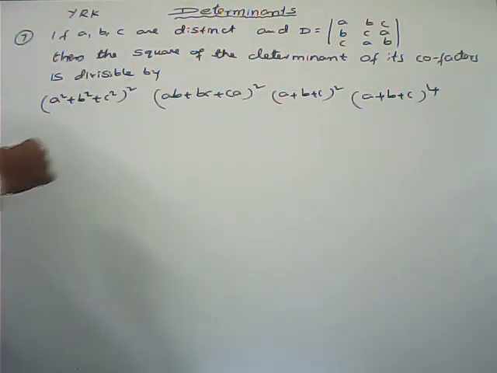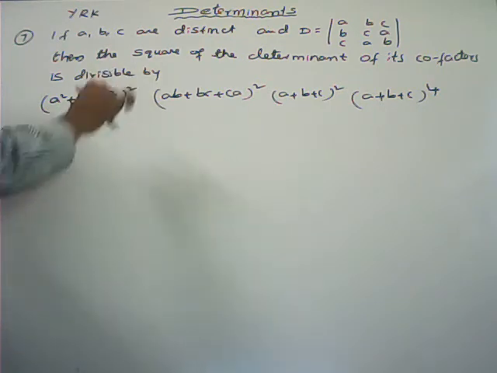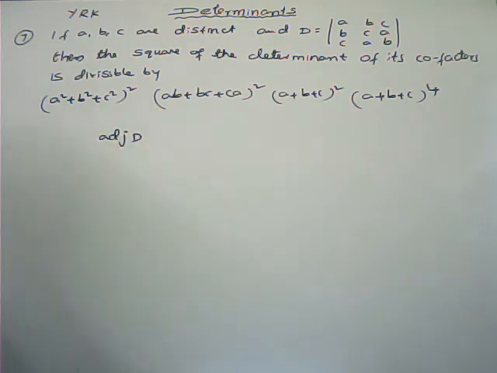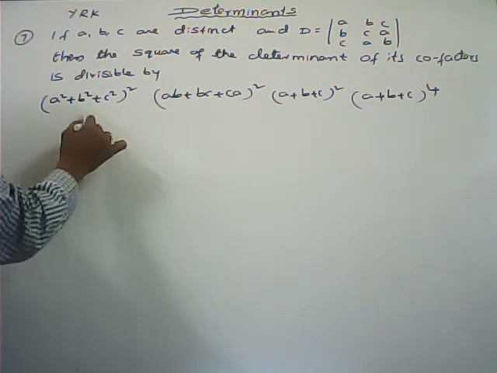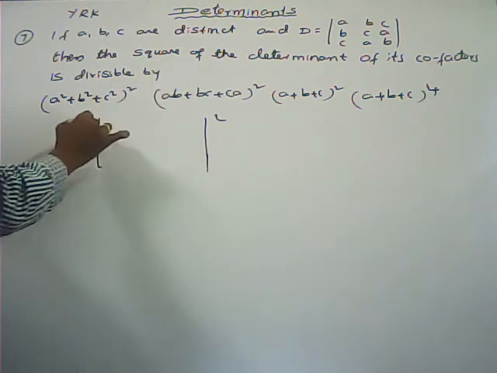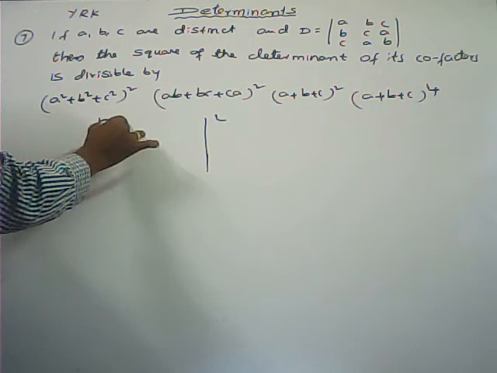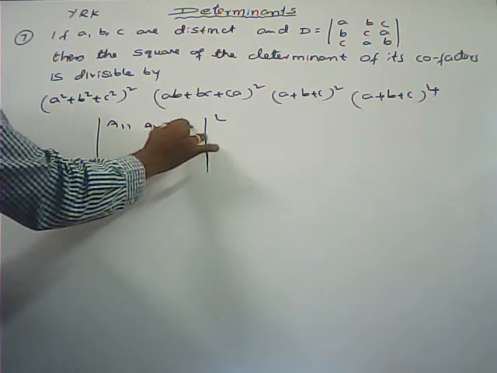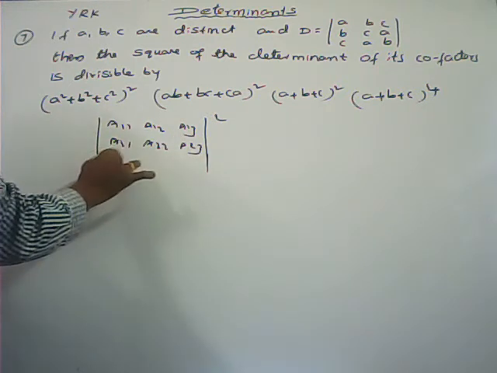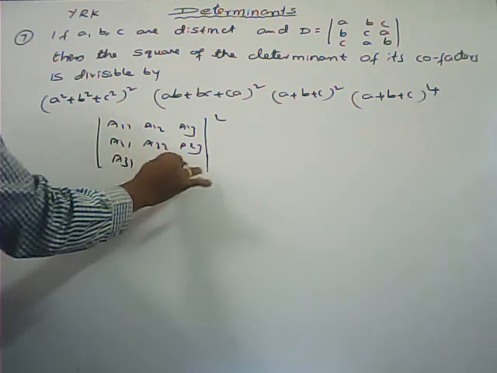The determinant of its cofactors we say is the adjoint of D only. Its cofactors means A11, A12, A13, A21, A22, A23, A31, A32, A33.